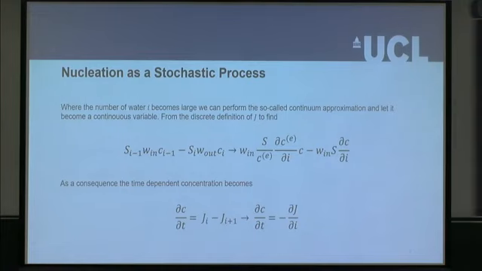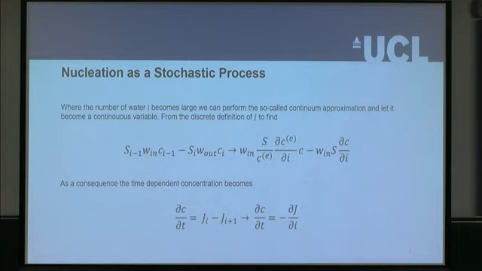Now, for a large number of molecules, or for big nuclei, we can regard those nuclei as being spherical. Therefore, the number of molecules I in them can be regarded as the volume of the nucleus itself.